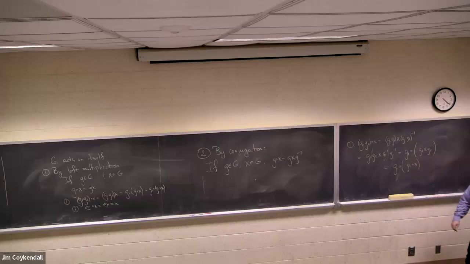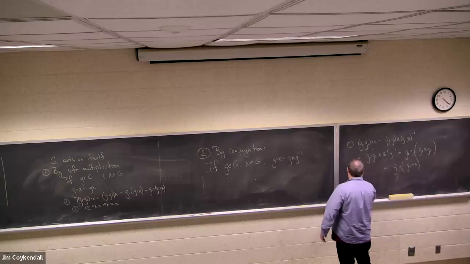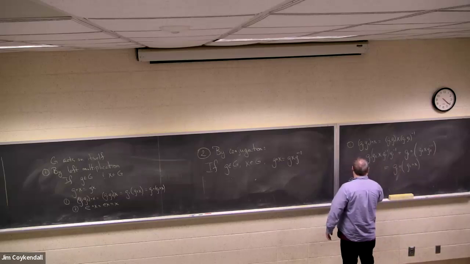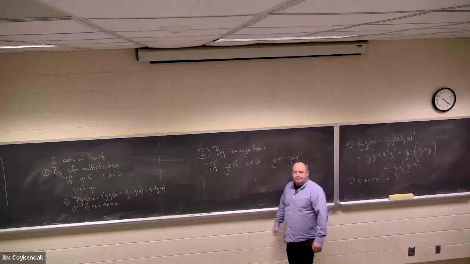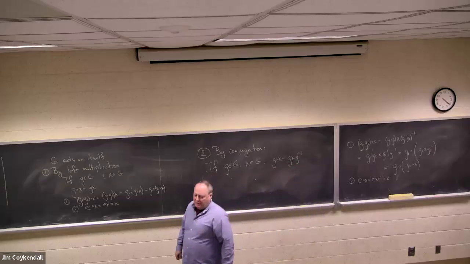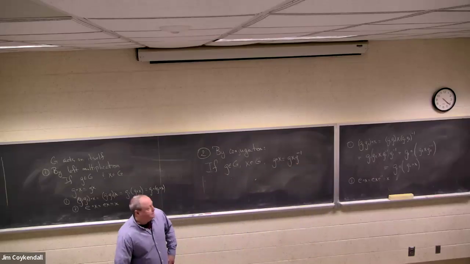Okay, so that works. And finally, if I have the identity acting on x, this is identity x identity inverse, which is x. So again, that works. So that's a good example of an action.